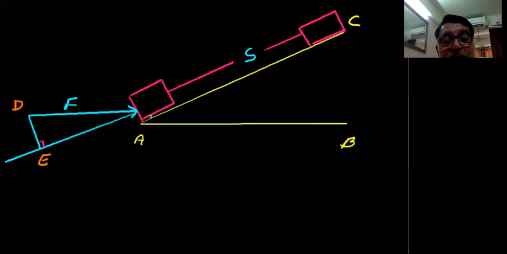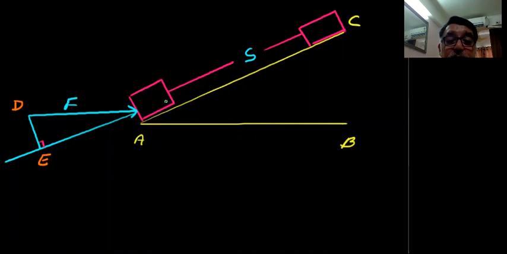Okay, now we have the same situation over here where there is a box on an inclined plane, and we are going to find the formula for work done when the direction of the force and the direction of the displacement are not same. Now remember, in the first example, we found the horizontal component of displacement.